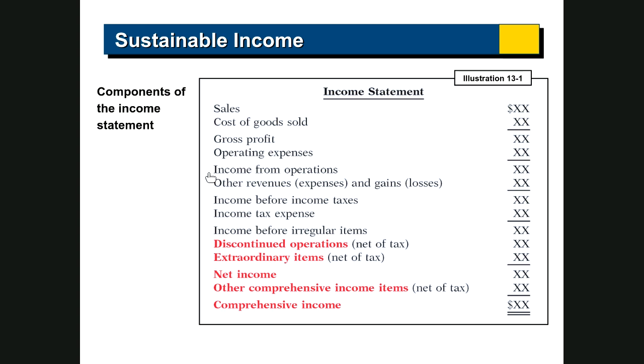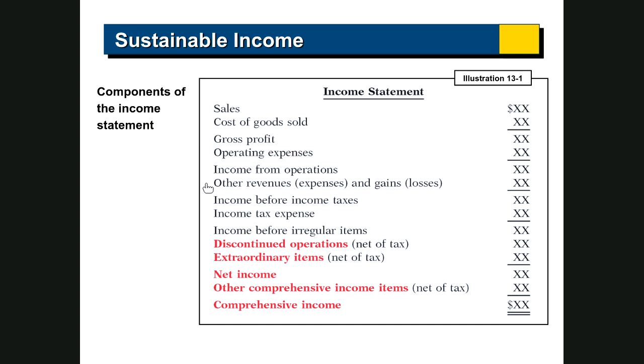So this is all items that are related to operations, regular business. Then you have a line that says other revenues, expenses, and gains or losses, right? There is other revenue and gains or expenses or losses that come from outside your operations.